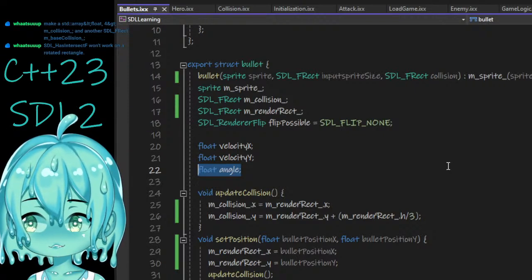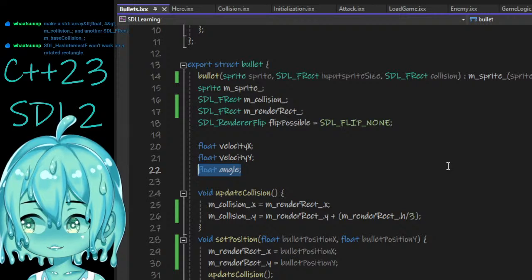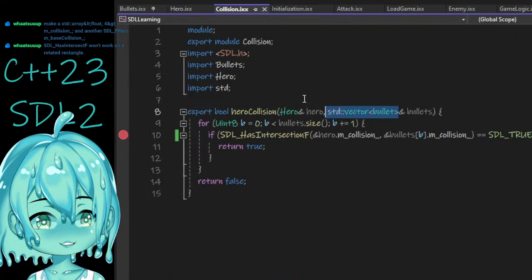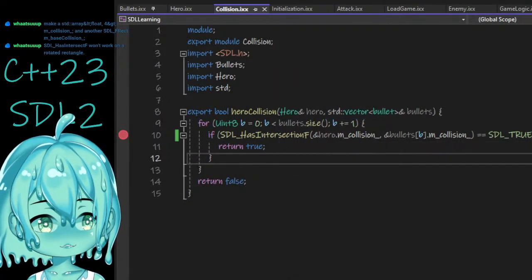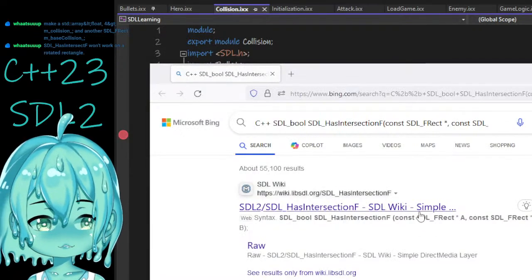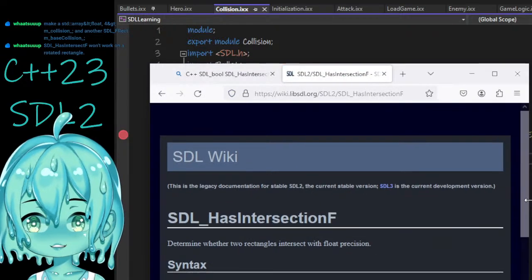Make an std::array of floats for m_collision and another SDL_FRect m_base_collision. SDL has intersect F, but it won't work on a rotated rectangle. What? Hold on, let's read the documentation.